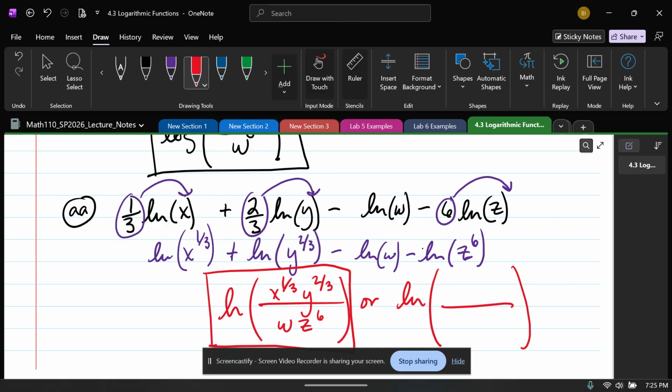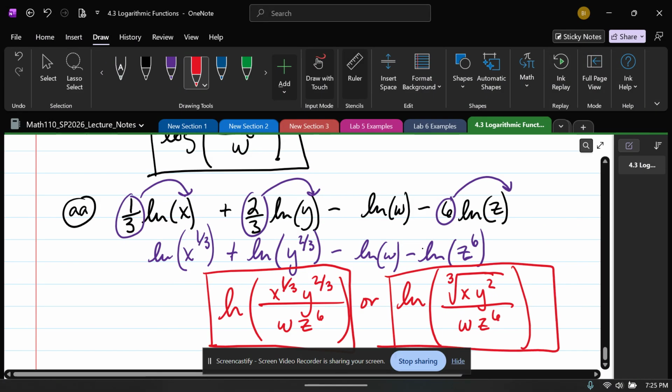Would it be the cube root for x and y to the 2nd? I want one single cubed root on top. Very good, Callie. And then on the bottom, it's still the w z to the 6th.